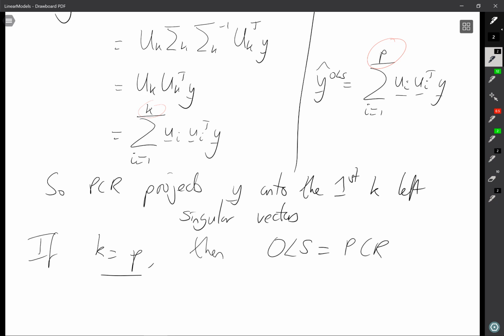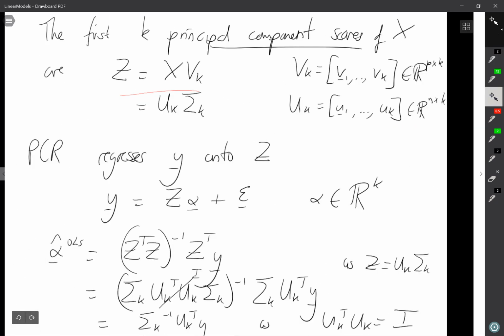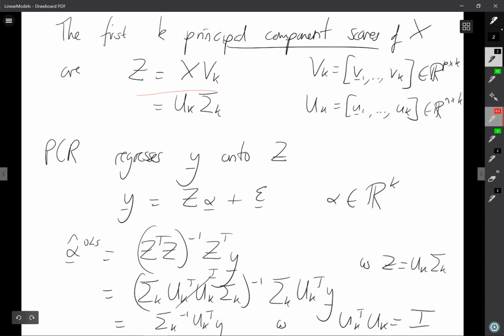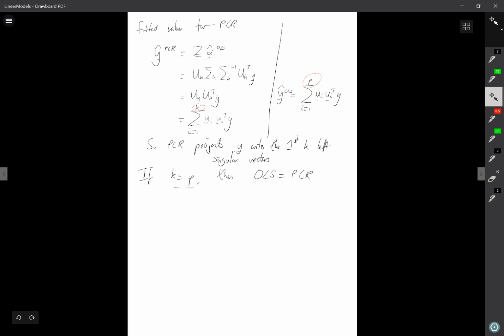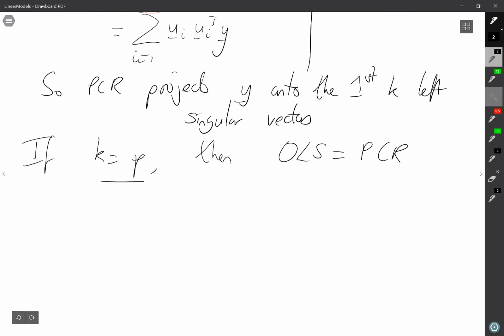Now, although we have written this model here in terms of alpha, which is a multiple of Z, we can write Z in terms of X. So we've got that Y is Z alpha plus an error, but Z was X V_k.